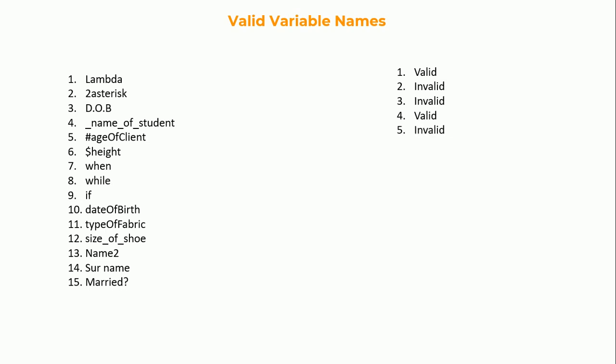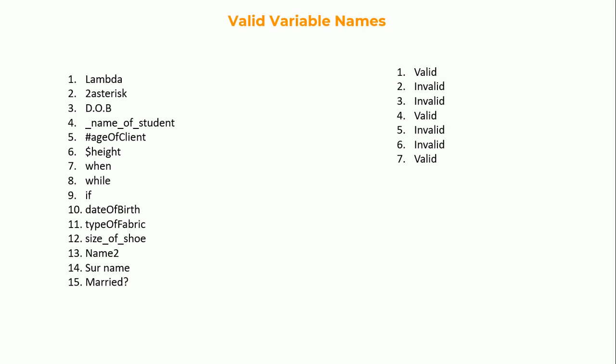The sixth is not valid. In languages like the PHP, it is valid, but in the general sense, it is not valid because it disobeys the rules that we spoke about. When is valid? Because for now, we don't know any particular programming language that reserves the use of when.